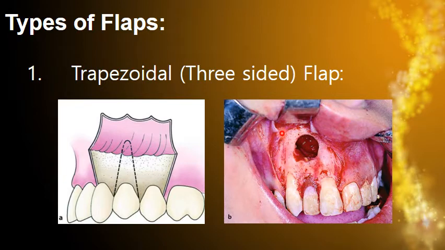I should always include the dental papillae. Don't put it on the buccal or labial side because this will cause dehiscence of the wound. And this will ensure the integrity of the gingiva.